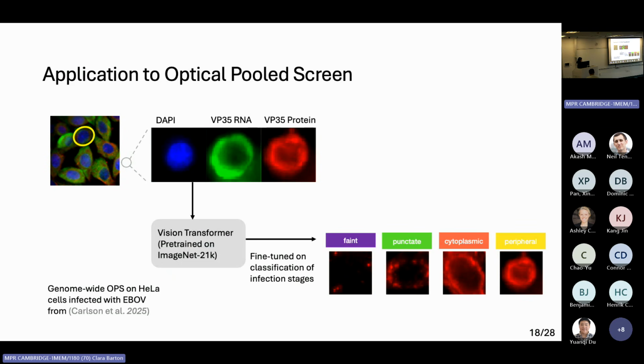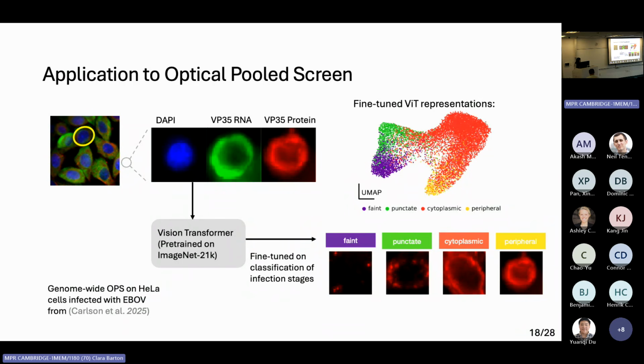We use a pre-trained vision transformer and fine-tune it on the classification of the infection stages, which gives us an image feature for each individual single cell that reflects the infection stage.